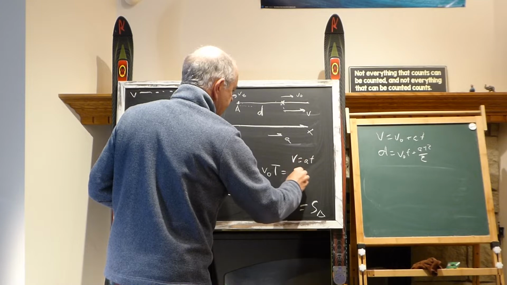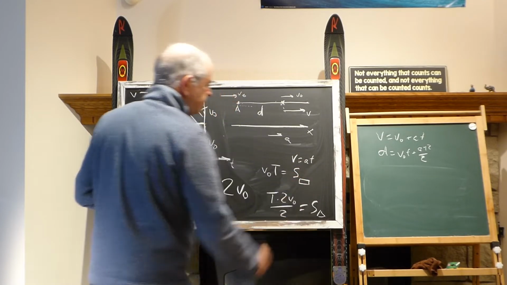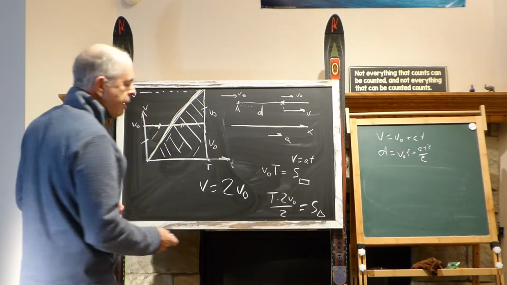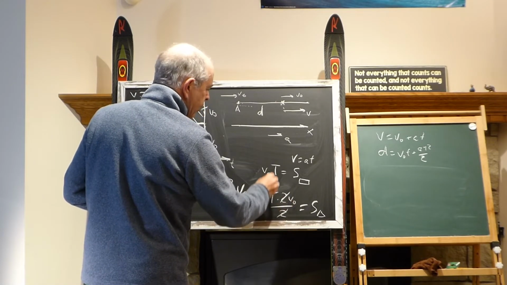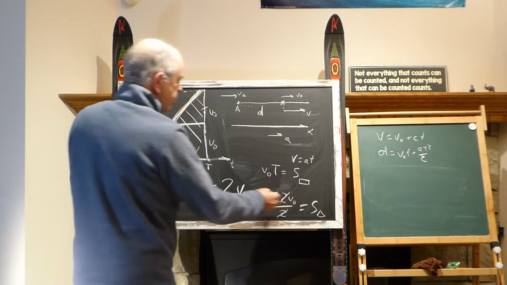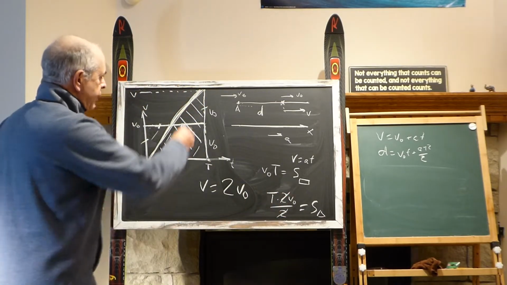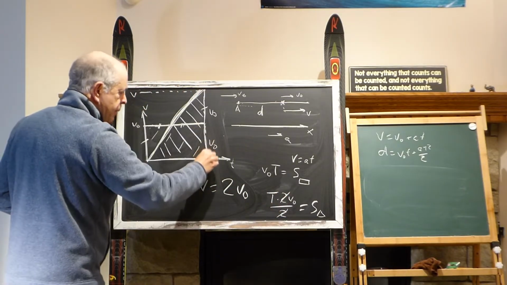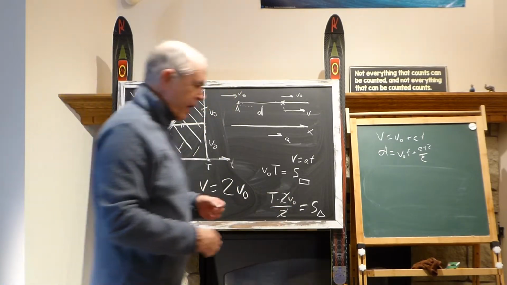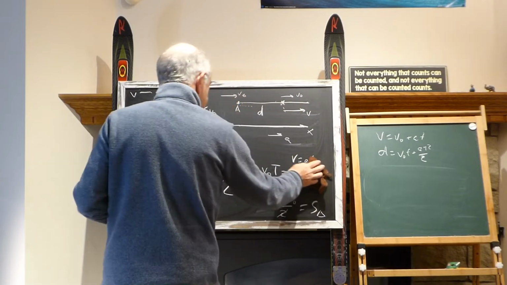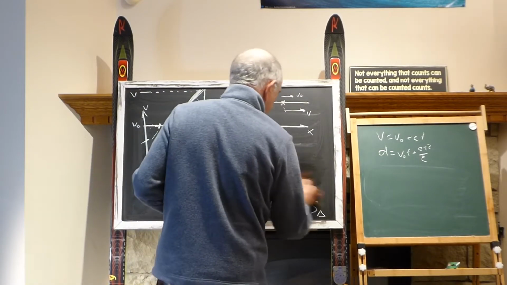The areas are the same, because the 2 cancels out and we have v0t and v0t. This is only the case when this is twice as big as v0. Okay, anyway, that was the problem.